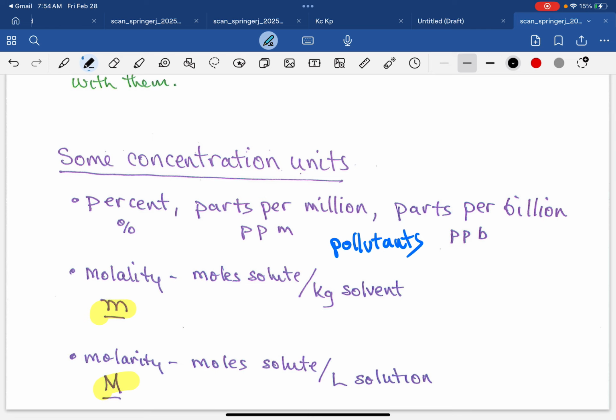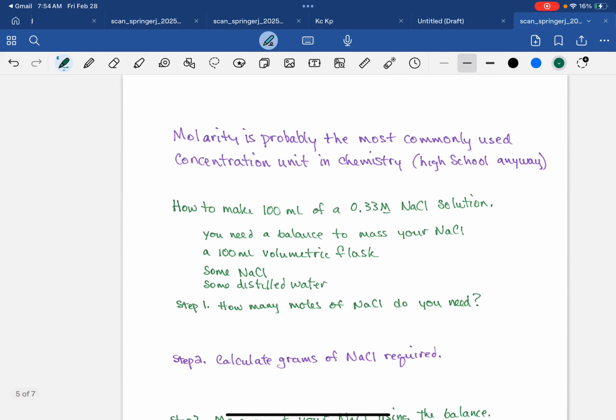Molality is moles of solute per kilogram of solvent. And molarity is moles of solute per liter of solution, which brings us to the other difference, solvent versus solution. So we're just going to add water to get to that liter if we're doing molarity, and that'll hopefully become more clear as we go along.